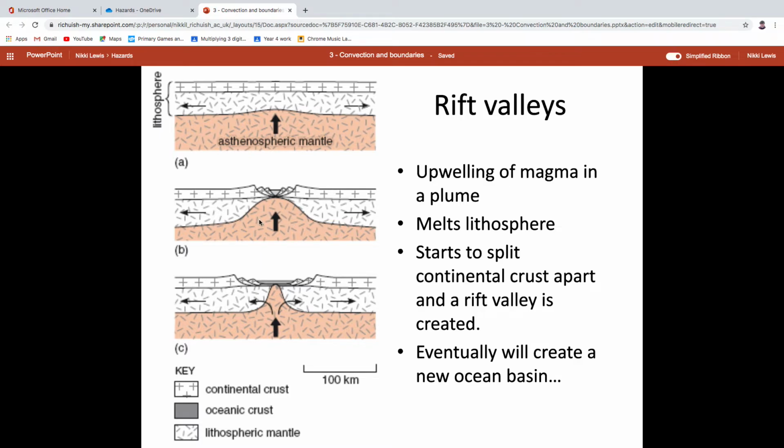Now, because the mantle is really, really, really hot, what it does is it begins to not melt, but it begins to push its way into the lithosphere, and then the two sections get pushed apart. Now, if you want to practice this, if you have a lump of blue tack or a lump of Play-Doh or something like that, roll it into a ball or a lump, and then get your fingers and pull both ends of the blue tack away from each other.